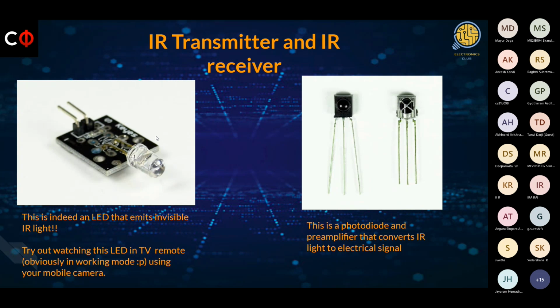So what actually happens is this LED emits the IR signal with a particular code, and it is received by the receiver, decoded and sent to whatever device you want, and the device acts on the data we get from the transmitter.